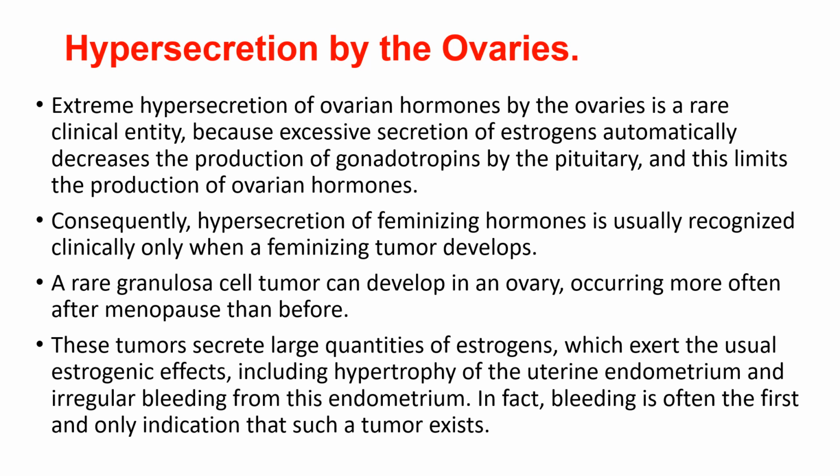A rare granulosa cell tumor can develop in an ovary, occurring more often after menopause than before. These tumors secrete large quantities of estrogens, which exert the usual estrogenic effects, including hypertrophy of the uterine endometrium and irregular bleeding from this endometrium. In fact, bleeding is often the first and only indication that such a tumor exists.